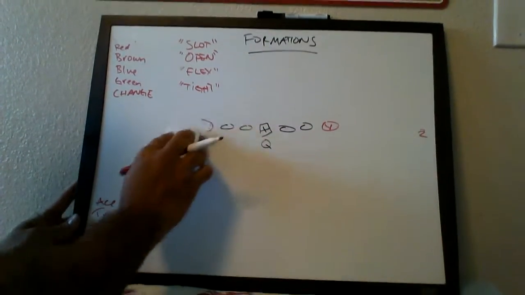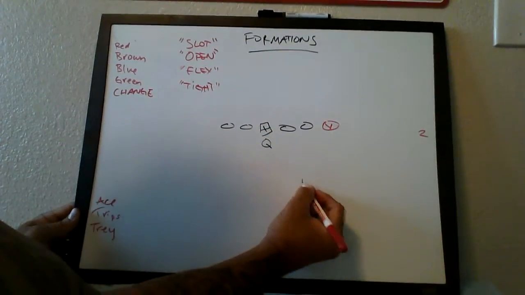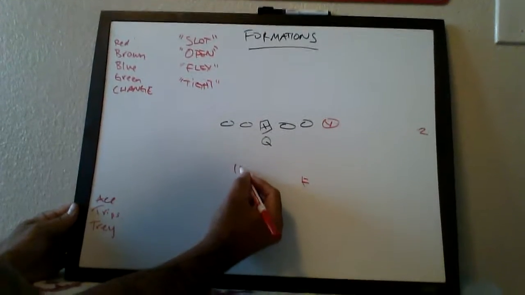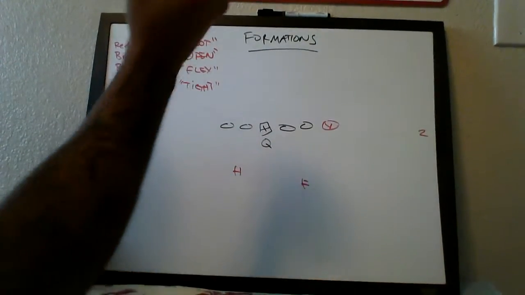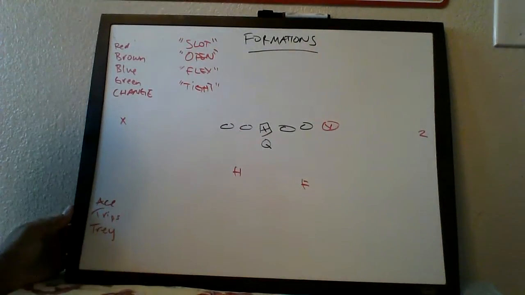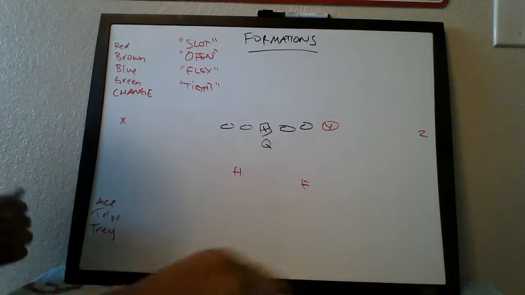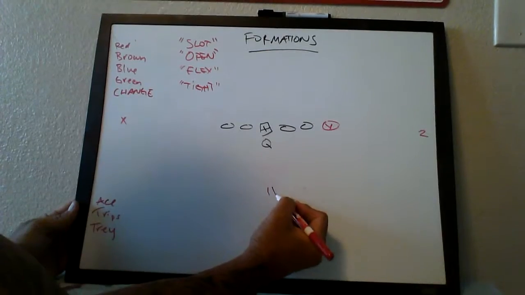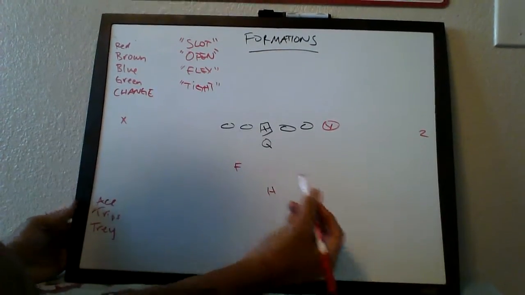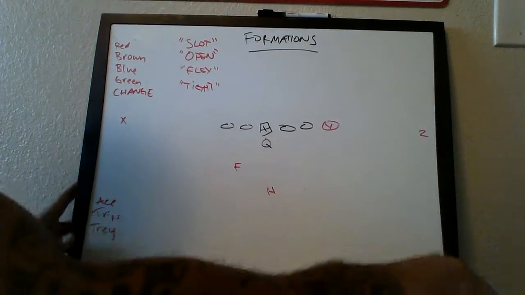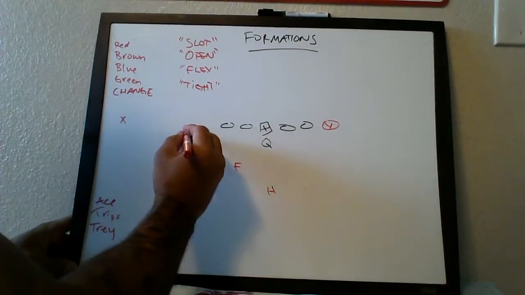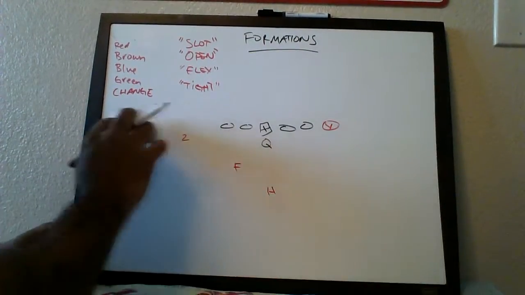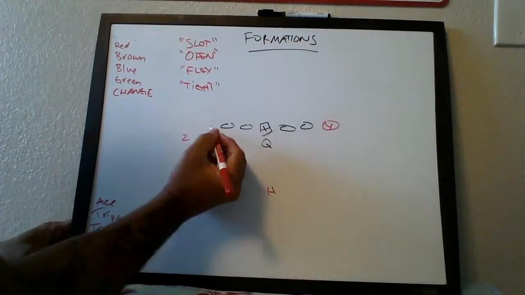Let's go back to a red right. X is out here. Okay, let's go wheat green. Wheat green right. Wheat green right slot. Okay, now we can call wheat green right slot tight.